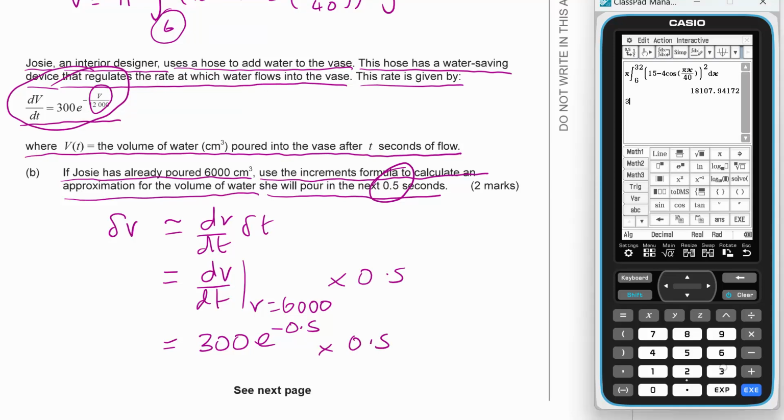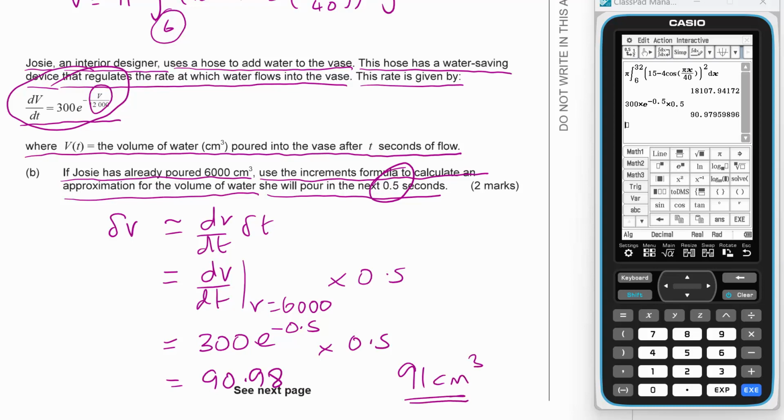So we've got 300 multiplied by e to the negative 0.5, and then we'll multiply that by 0.5, and we get 90.98. And I would probably round that to 91 cubic centimeters.